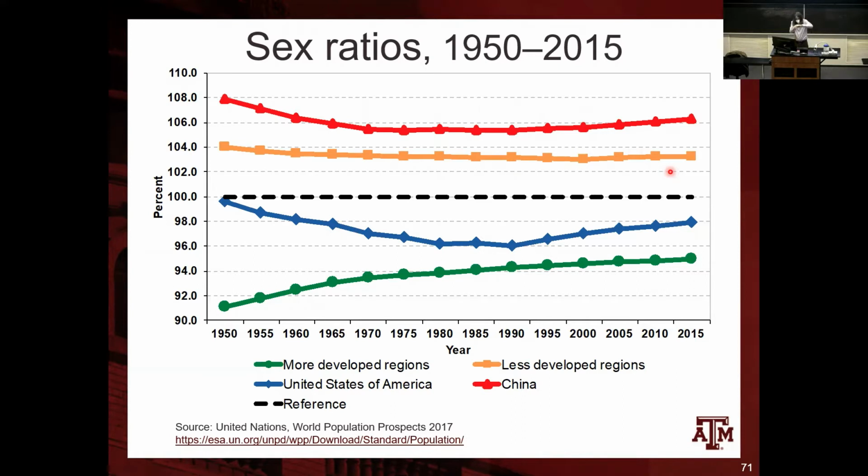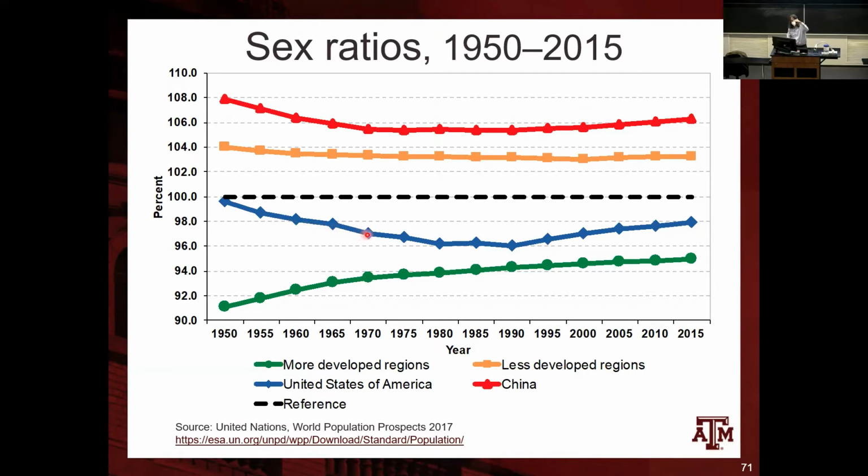And then if you see the US and China, the US actually has sex ratios closer to 100 when you compare the overall group of more developed regions. So in the US back in 1950, pretty much you have really similar numbers of women and men in the country, and you experience improvements in life expectancy for women.